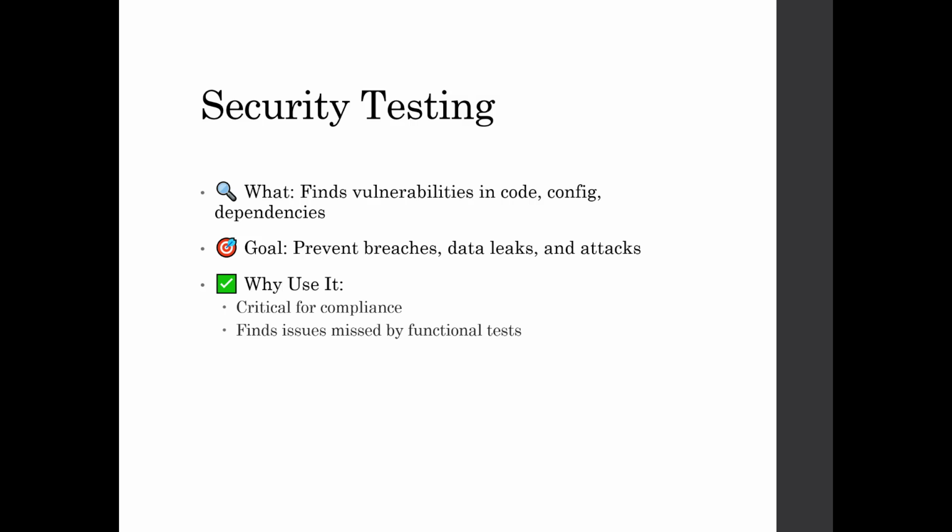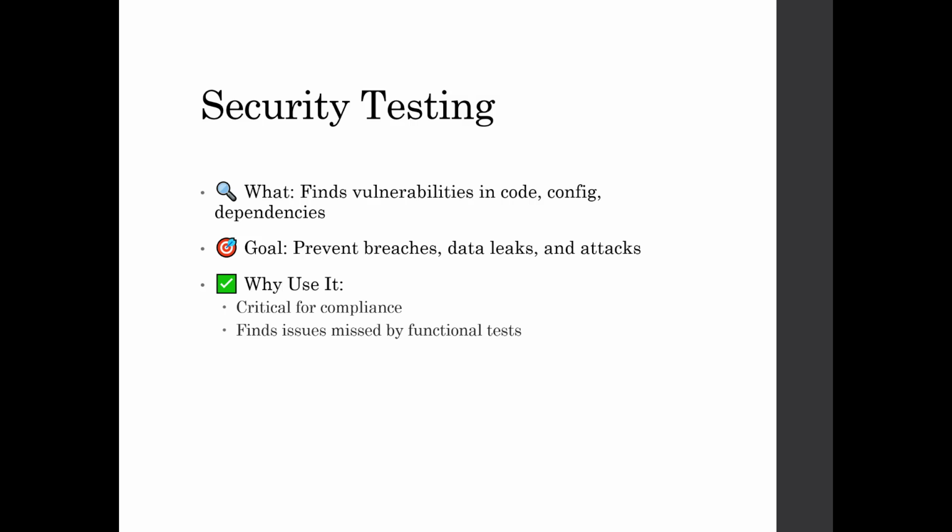And that sometimes we don't think about security testing at all, or that somehow that's like a separate department. And so as software developers, as QA people, as DevOps people, security should always be in the forefront of our mind. So while functional testing checks if our application works, security testing asks, can someone break it?